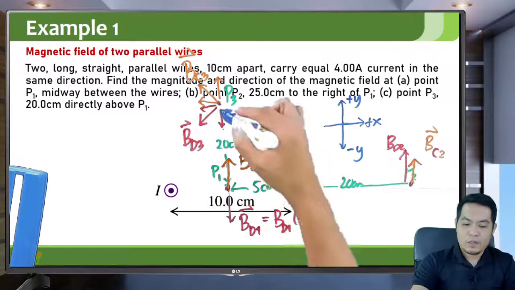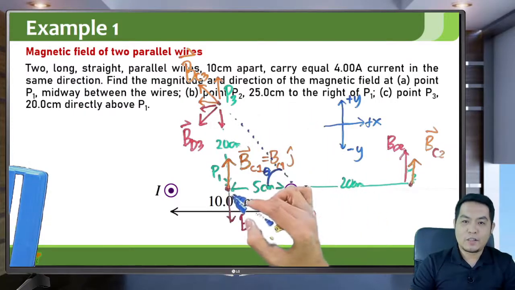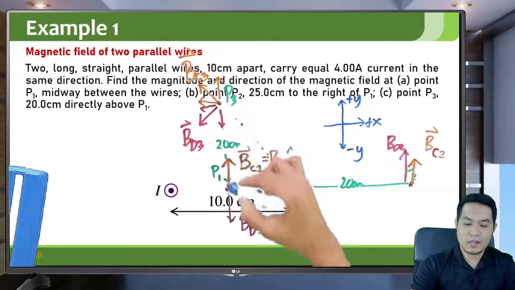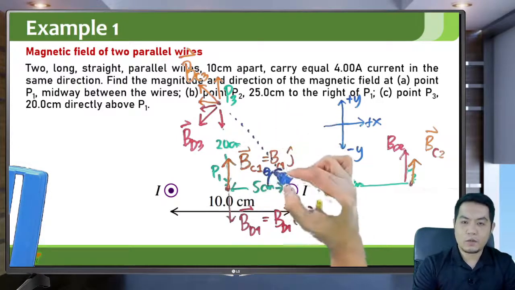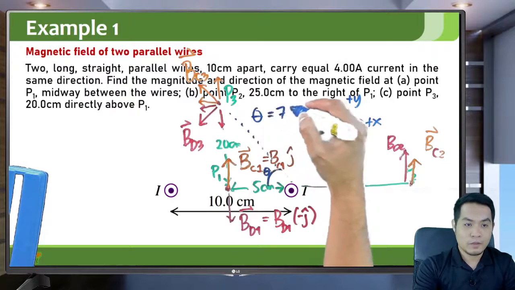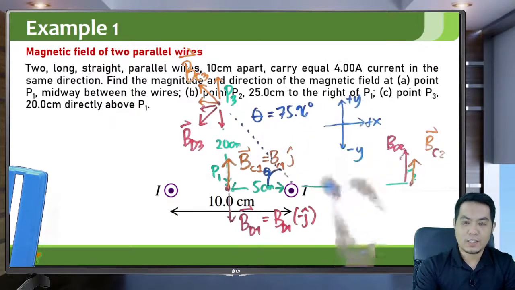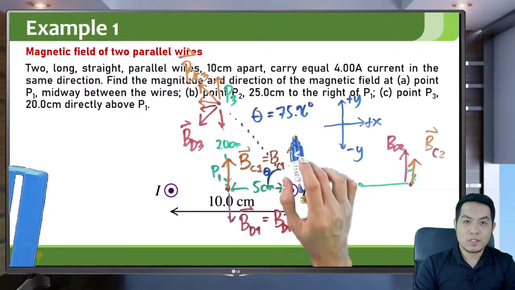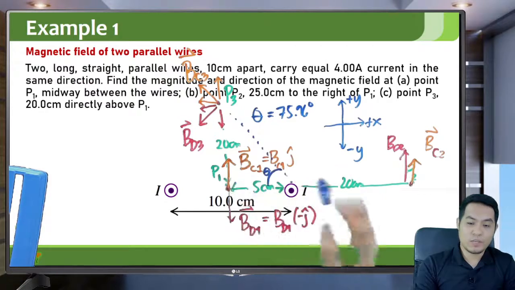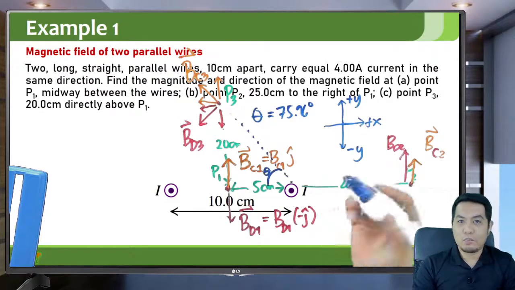So if you solve this triangle, 5 centimeter on one side, 20 centimeter on the other side, this is a right triangle, then you will solve this angle theta, you will get a value of 75.96 degrees. And you will use this direction to solve for the x component. You use cosine. So in this case, B cosine theta.